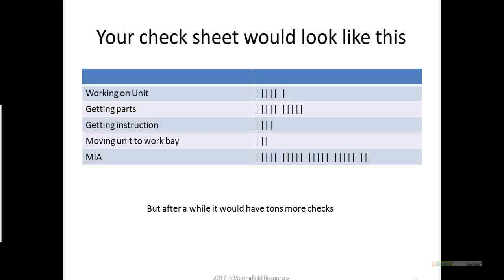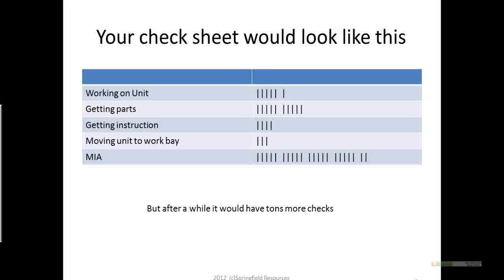And then we might walk by the parts area and count the number of people in front of the parts area each time we do this. We might look at how many people are getting instructions, how many people are moving. If this was a fleet, they might be driving the unit into the work bay.